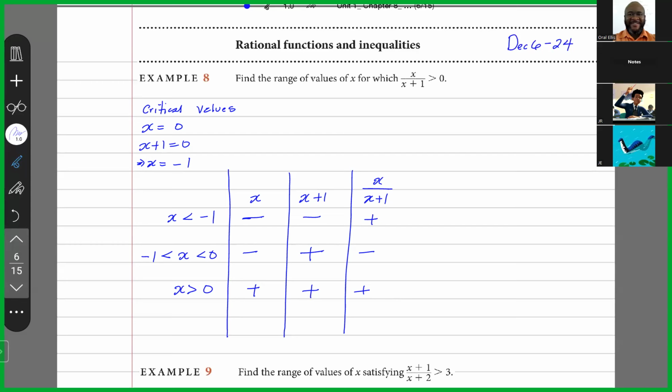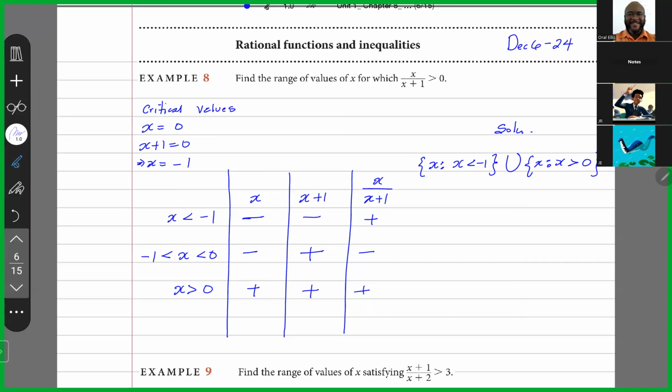Those are the values of x for which x over x plus 1 is positive, and the values of x, which are my solutions, and my solution is all x such that x is less than minus 1, union all x such that x is greater than 0.